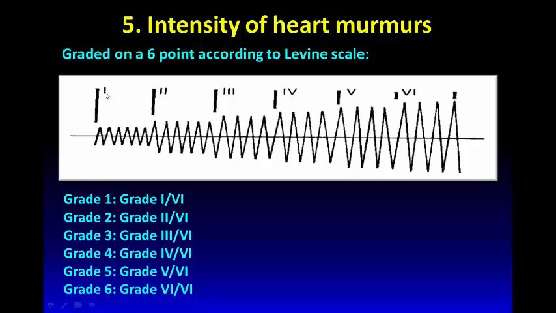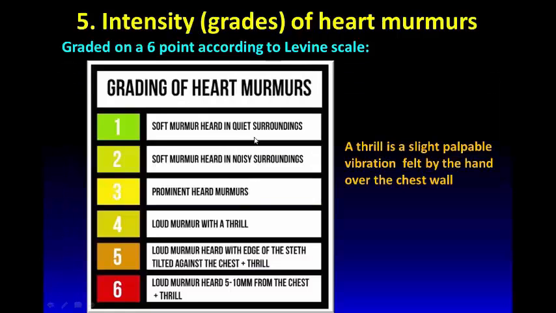Obviously, grade 6 over 6 murmur is the murmur which has got the greatest intensity. So here we have again the grades of the classification of the heart murmurs based on their intensity.